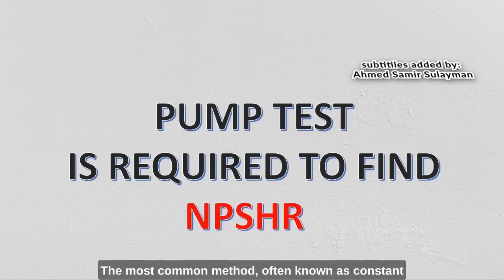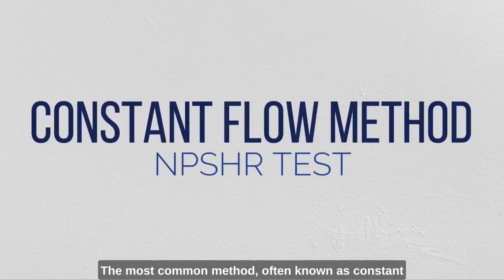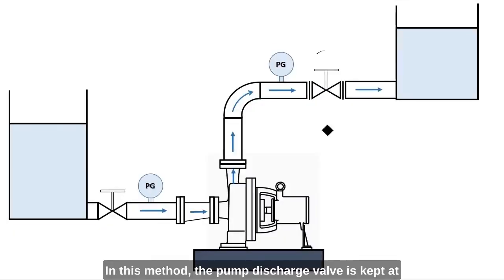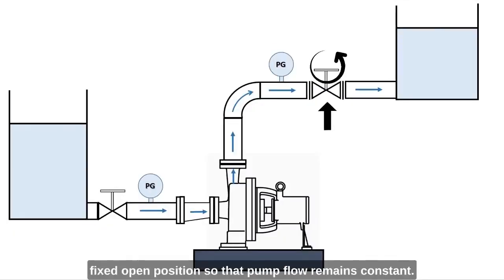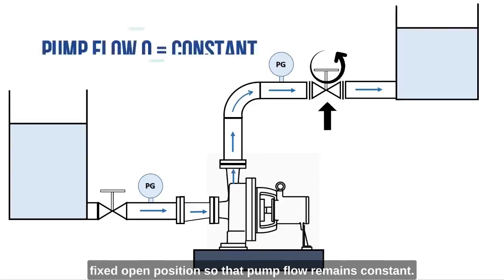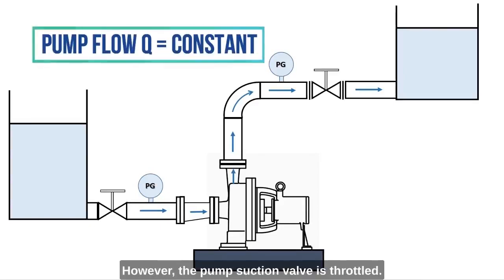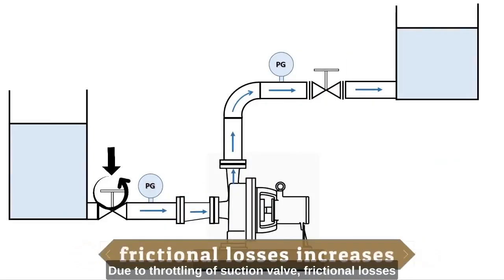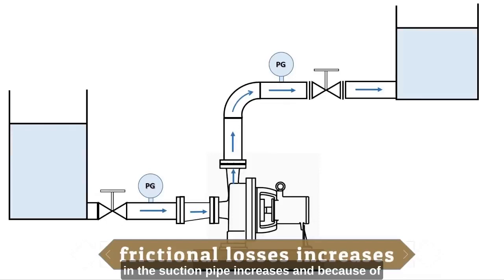The most common method, often known as constant flow method, is used to determine the NPSH. In this method, the pump discharge valve is kept at fixed open position, so that pump flow remains constant. However, the pump suction valve is throttled. Due to throttling of suction valve, frictional losses in the suction pipe increase.